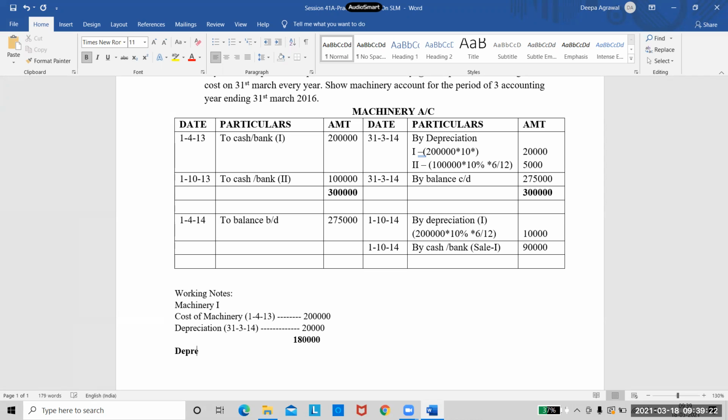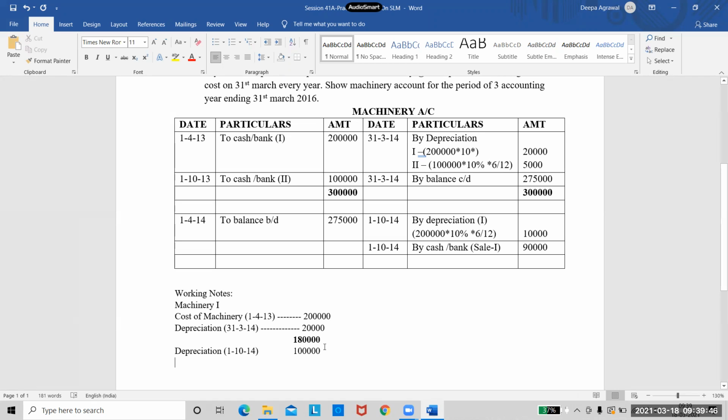Then what did I do? I provided depreciation again. When did I provide this depreciation? I provided it on 1st October 2014. How much depreciation did I provide here? 10,000. So deduct that.